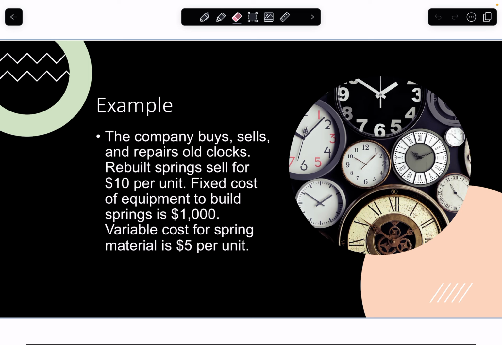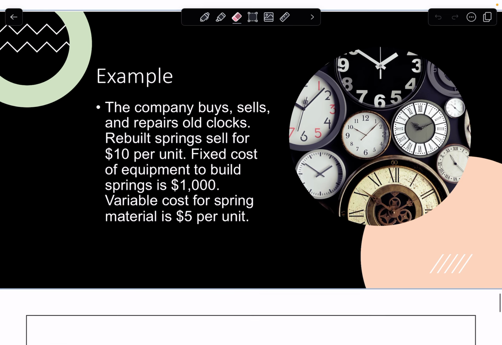The variable cost for spring materials is $5 per unit. Let's see how this works. Once they rebuild the clock, they could sell it for $10 per unit.